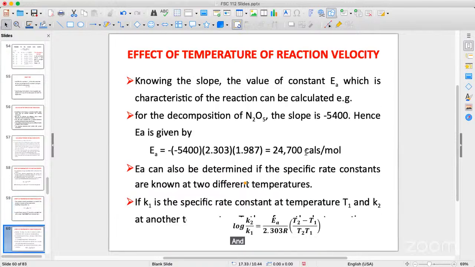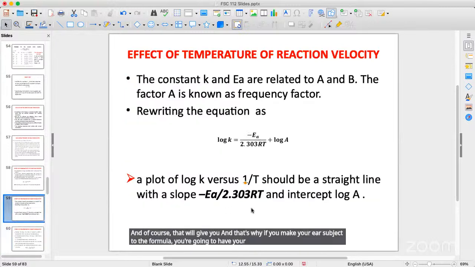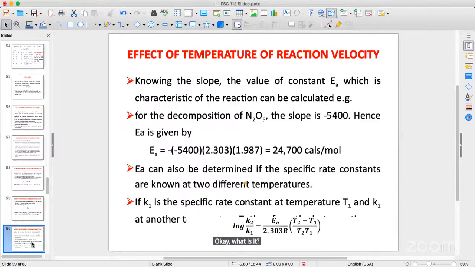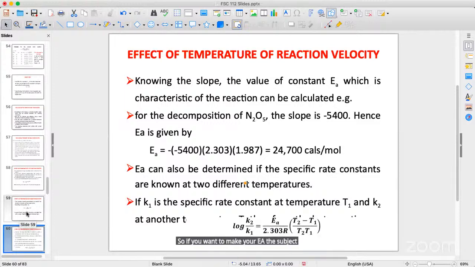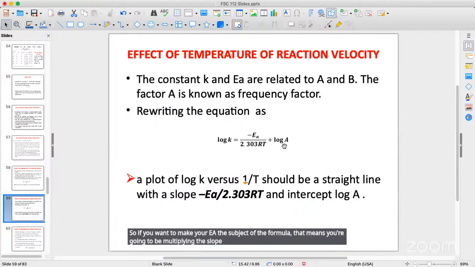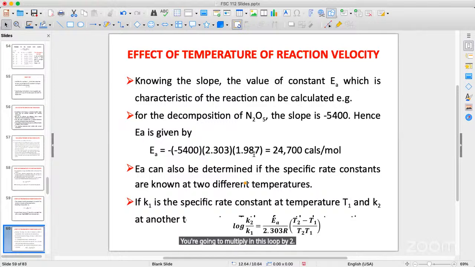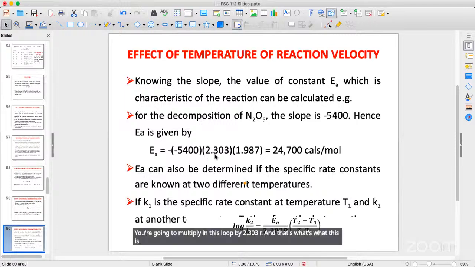We are determining EA. So if you want to make your EA the subject of the formula, you're going to be multiplying the slope by 2.303 R. This is your slope, 2.303, then your gas constant here is 1.987.